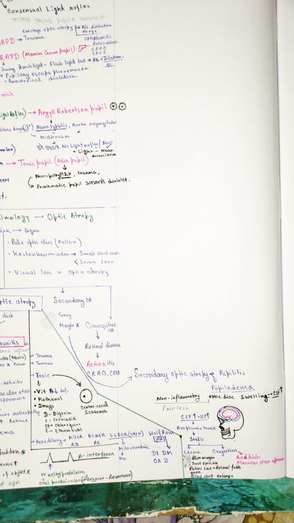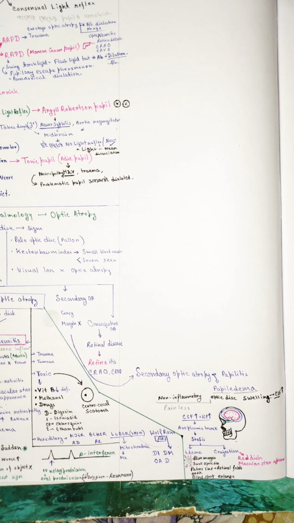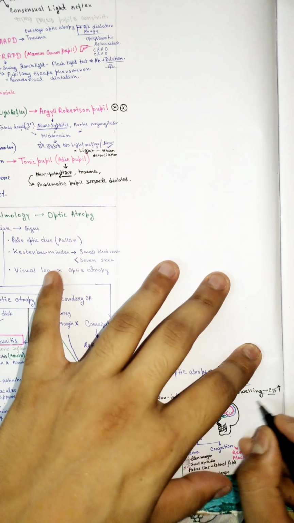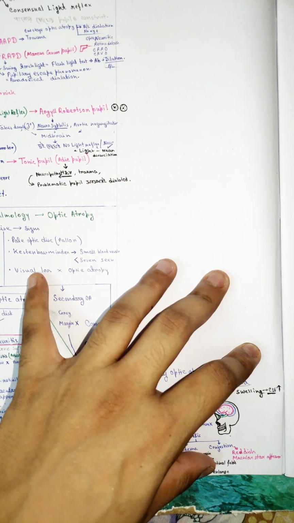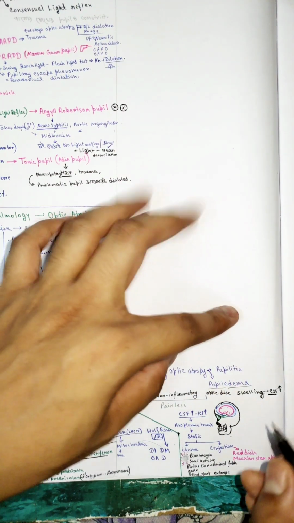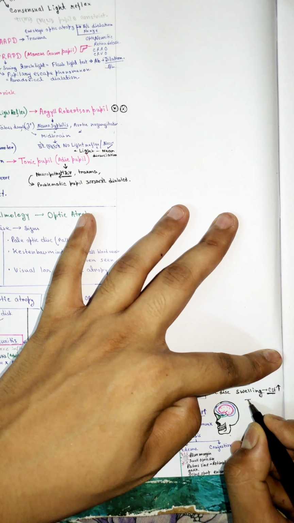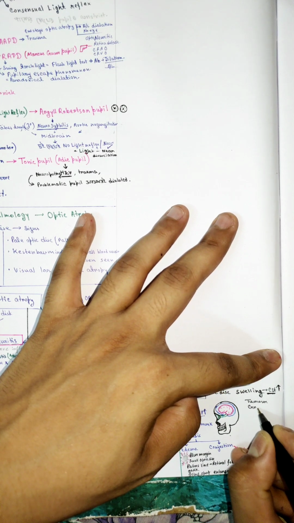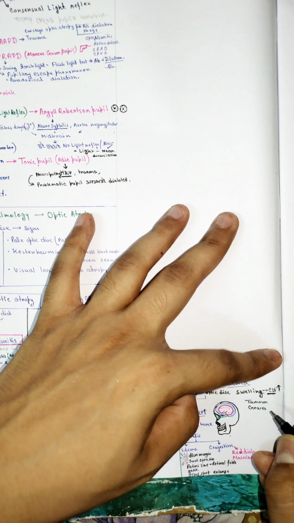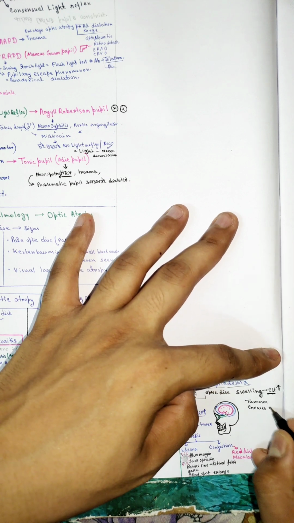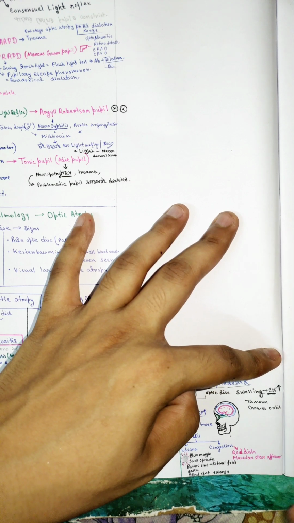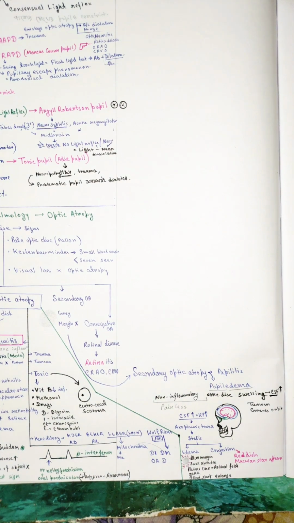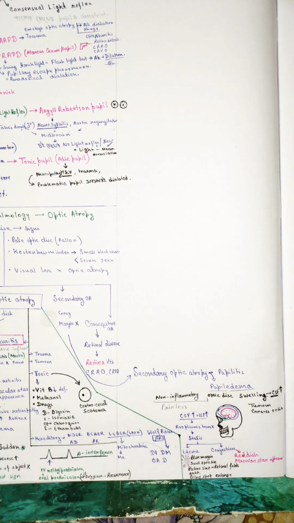Whatever. Now the question comes, why does the CSF pressure actually increase? What is causing the increase? There are many causes of CSF pressure increment, like simple tumor, Graves orbitopathy, problem in the orbit, orbital cellulitis.